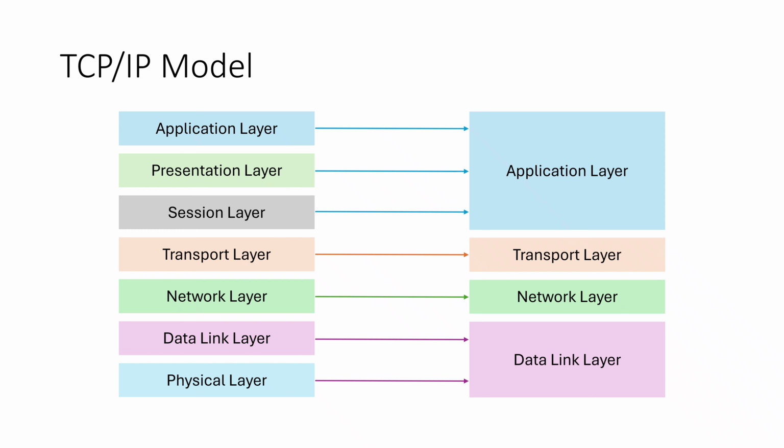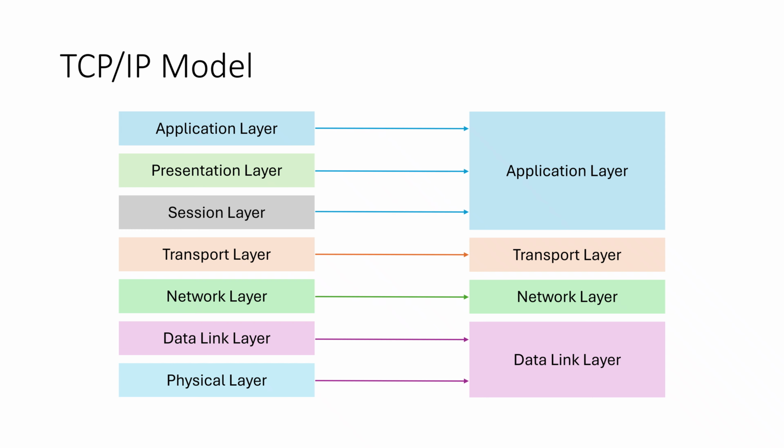In TCP/IP, the application layer combines the OSI's application, presentation, and session layers. The transport layer stays the same in both models. The network layer, which can also be called the internet layer in TCP/IP, is the same as the network layer in OSI, and it's responsible for routing and addressing.